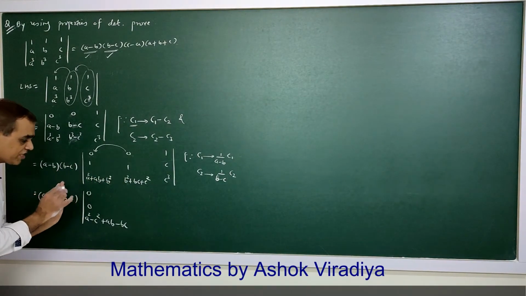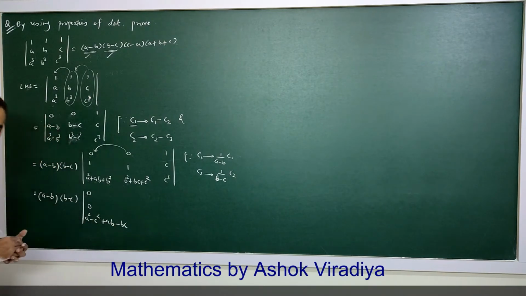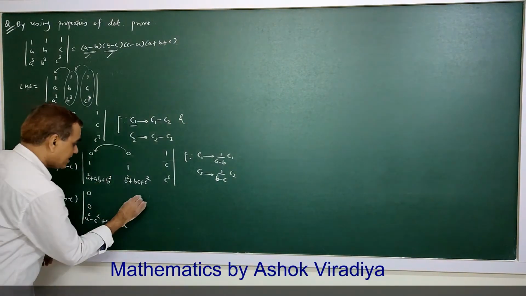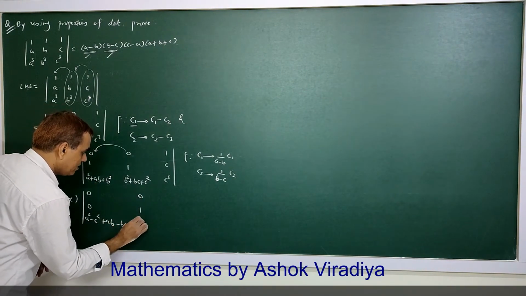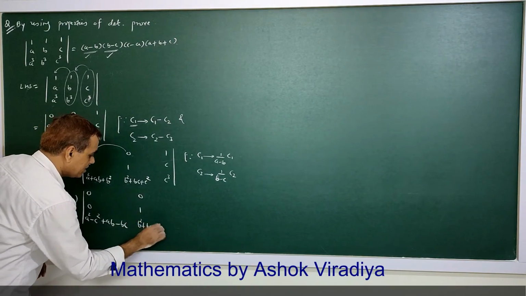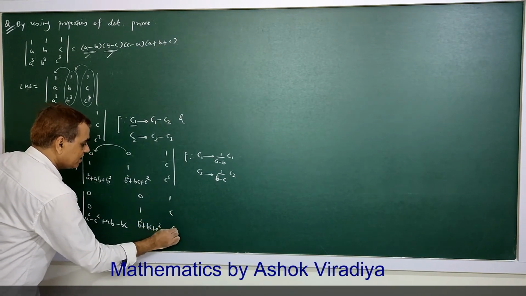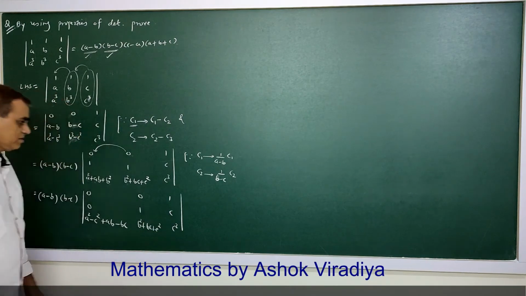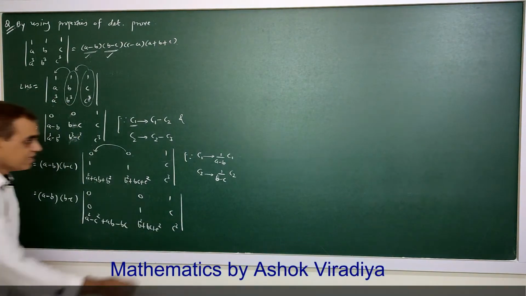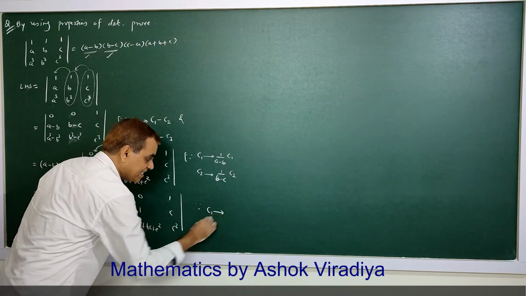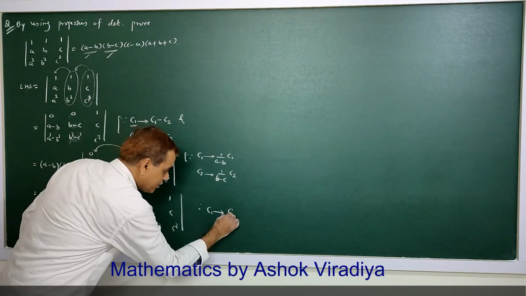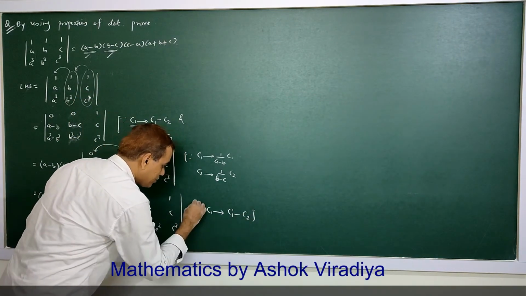So taken subtraction and arranged properly. This column as it is 0, 1, b square plus bc plus c square, 1 c cube. So here what is done, again in the first column, the second column is subtracted.